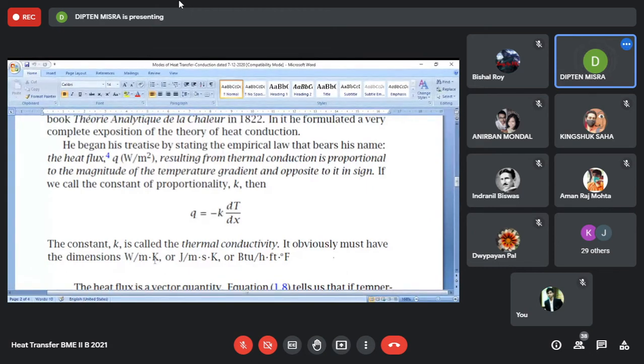Now there is a common mistake we sometimes commit. If we are interested to know the conductivity value in watt per meter degree centigrade from watt per meter Kelvin, the value will be the same. Whether we take the temperature in Kelvin, the absolute scale, or degree centigrade, what we are taking is the difference, because to find the gradient we have to take a temperature difference divided by the geometric difference.